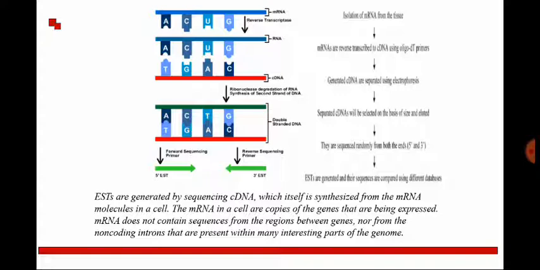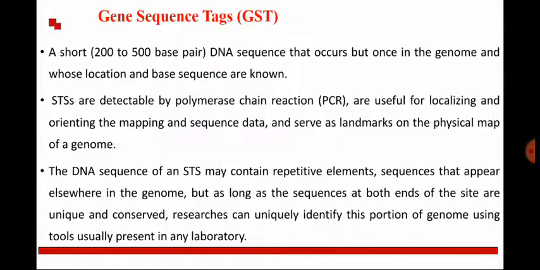Here ribonuclease degrades the RNA and a second strand of DNA is synthesized, that is double-stranded DNA which contains only exon regions. So here is the use of expressed sequence tags for sequencing of complementary DNA.